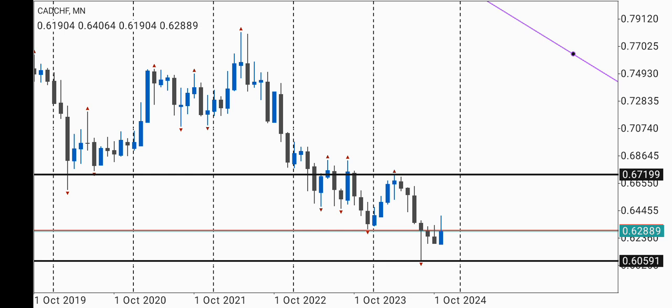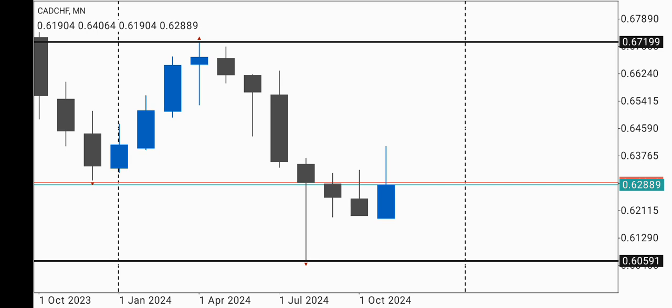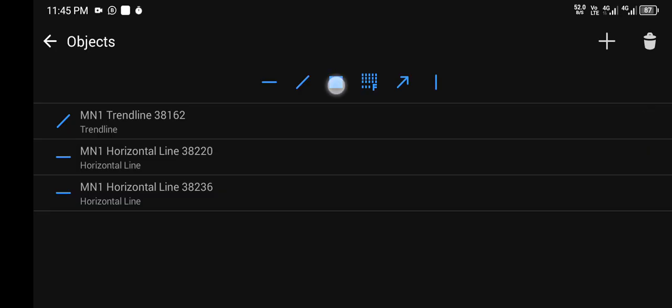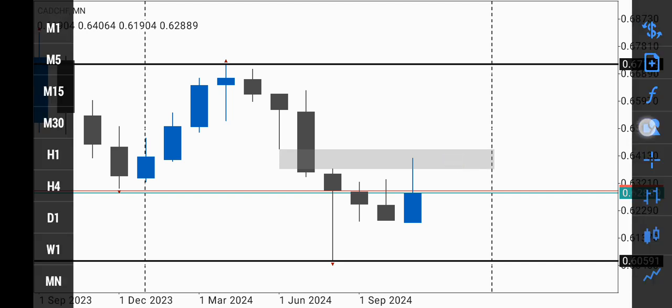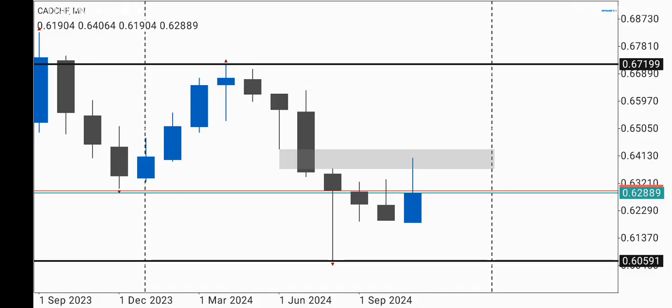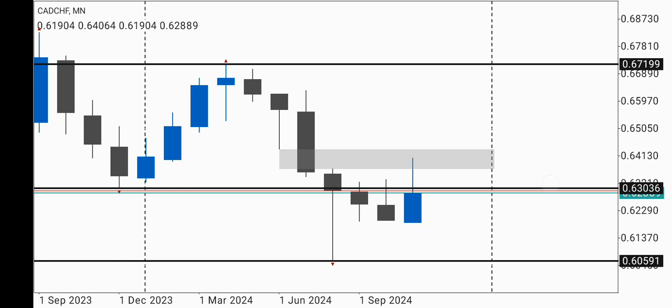I think this pair looks nice. I don't know why I chose it, but it looks nice. From the look of things here, you see that we have a bearish fair value gap, which this monthly candle that just closed tapped through, and there's a break of structure along this side.